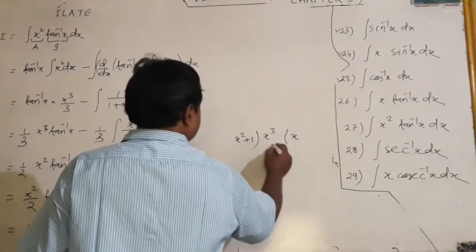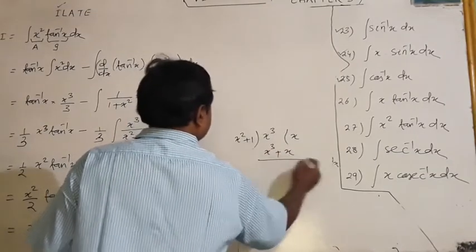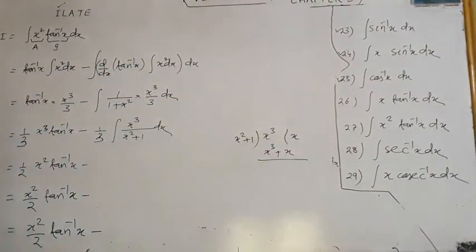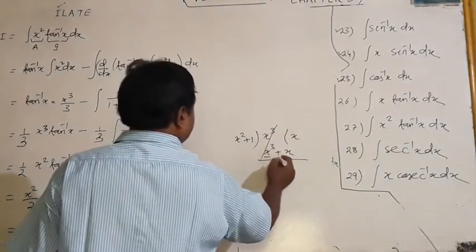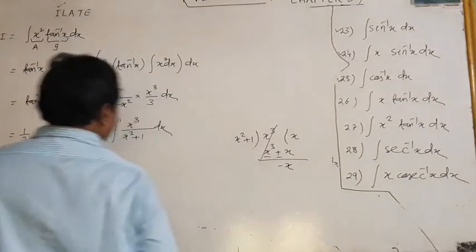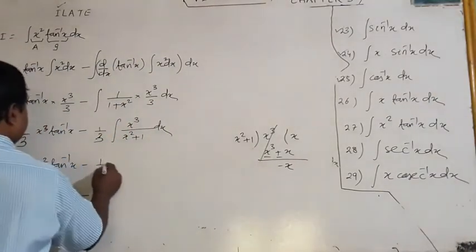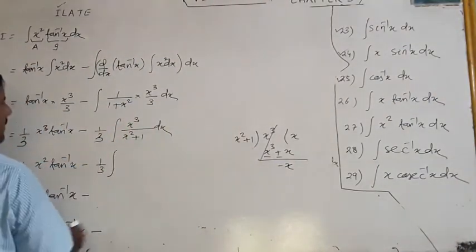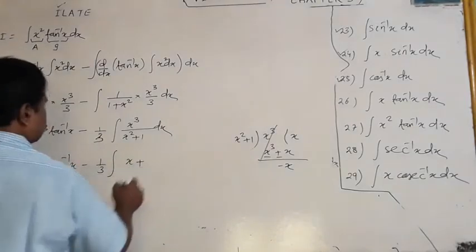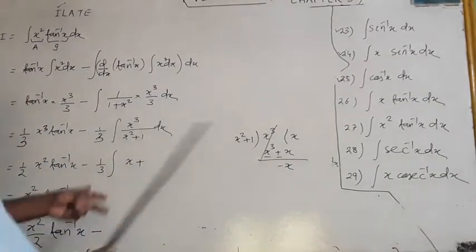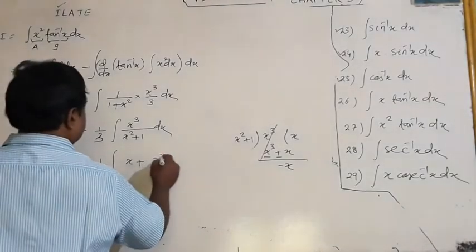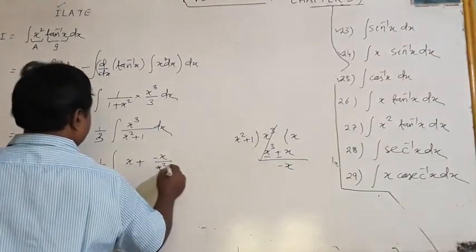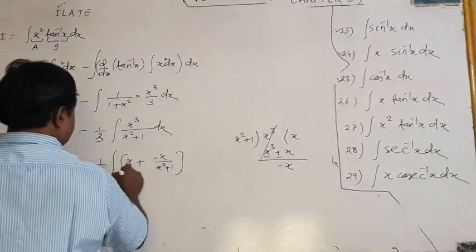Now the result is x cube plus x. Okay, when you subtract, it cancels and becomes minus x. Now the result is 1 by 3 integration of x plus minus x by x square plus 1, dx.